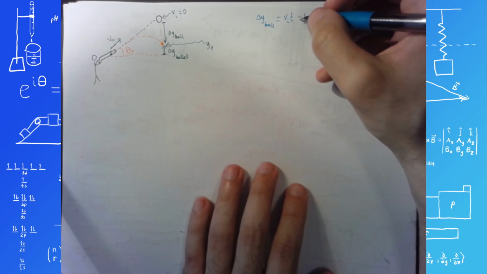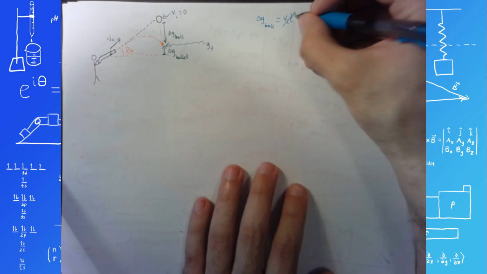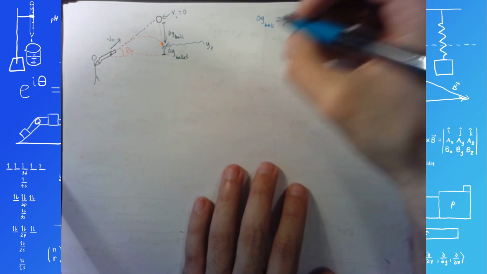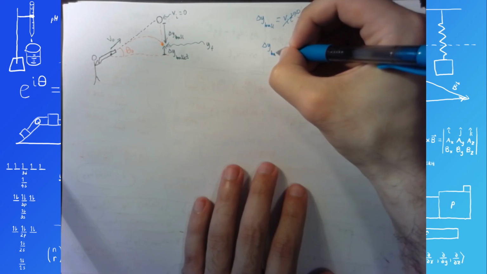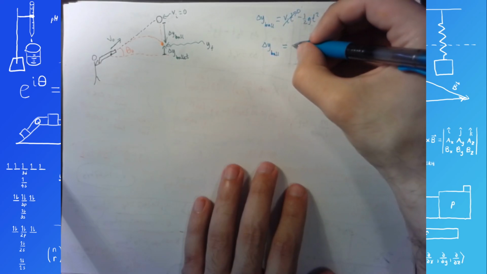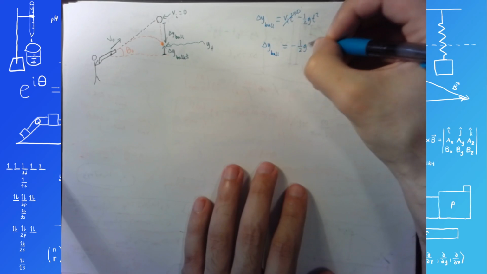V initial times t, that's just going to be 0. So delta y ball equals negative 1/2 g t squared.